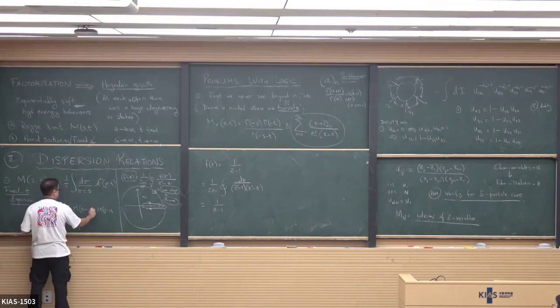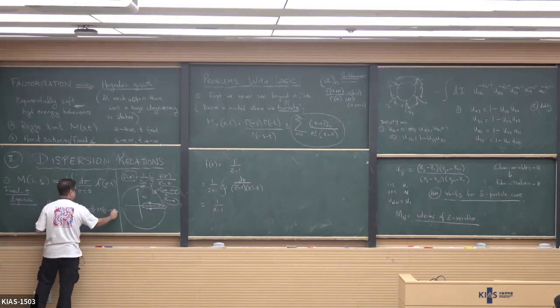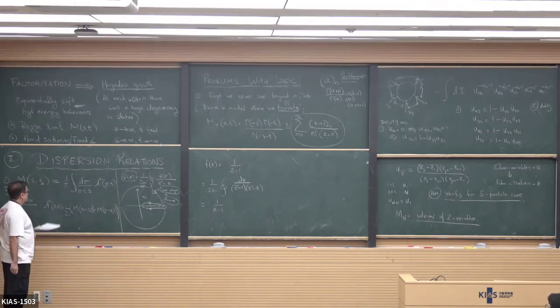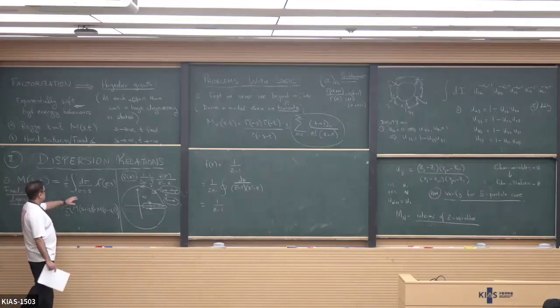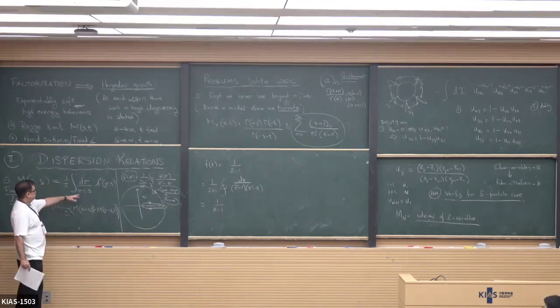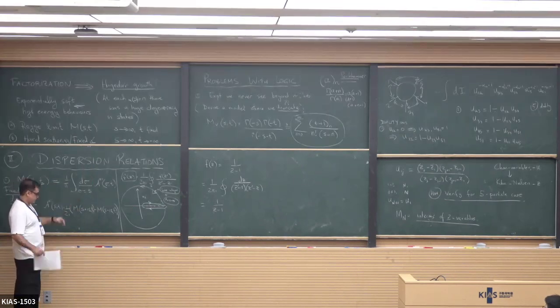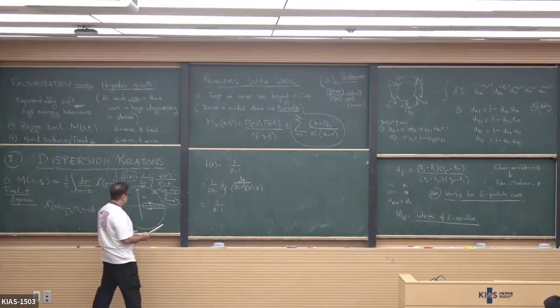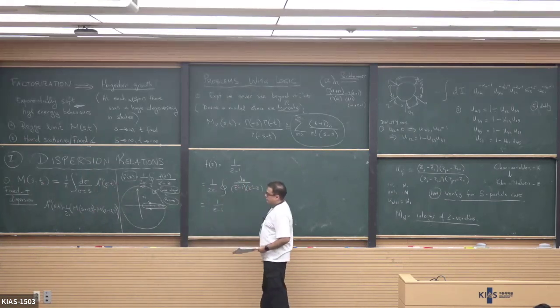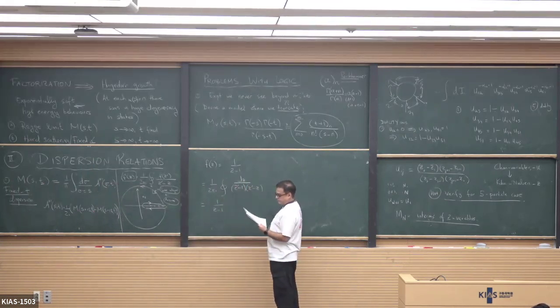So you'd write down something like that, provided your function has nice behavior at infinity. Otherwise, you'd have to do some more stuff. It's straightforward, but you have to add what are called subtractions. I'll discuss subtractions later on, but for now, let's assume that it has a nice behavior at infinity. So your fixed T dispersion relation takes on that form.